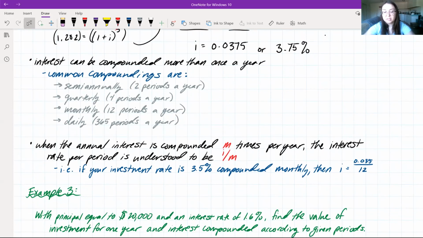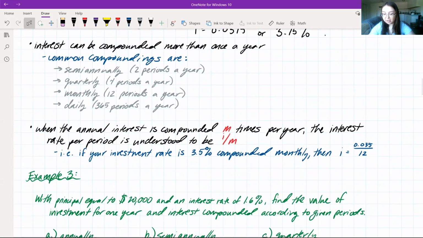Some common compoundings would be semi-annually or 2 periods a year, so twice a year. Quarterly, which will be 4 periods a year, 4 times a year. Monthly, so we'll have 12 periods a year, so it'll be every month, so 12 times a year. And then we have daily, which is obviously 365 days a year.